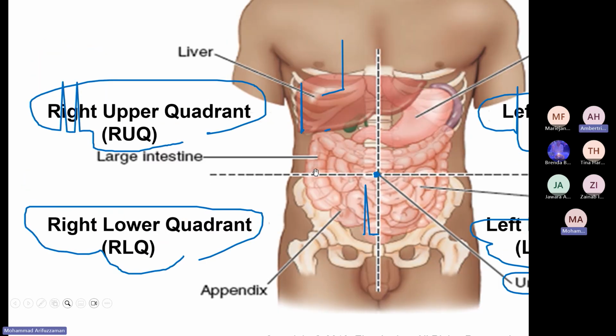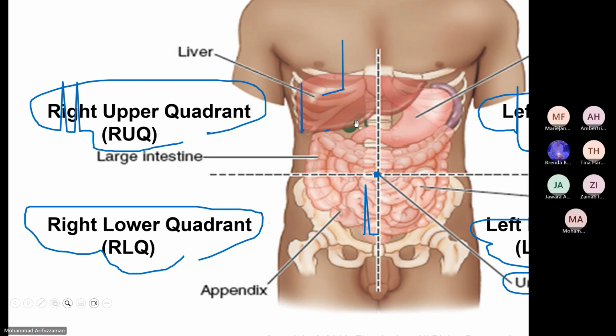Now, if you find any mass or pain in the right upper quadrant that radiates to the back, probably, can you see the green color structure here? The gallbladder. So gallbladder pain is in this area. Therefore, this quadrant is important to specify the location of pain.